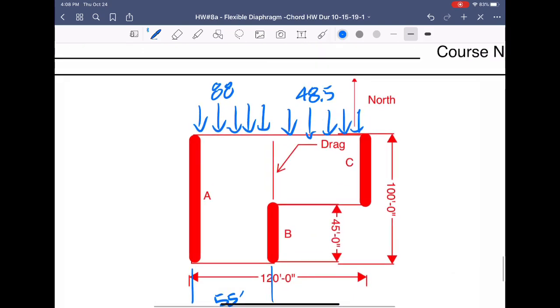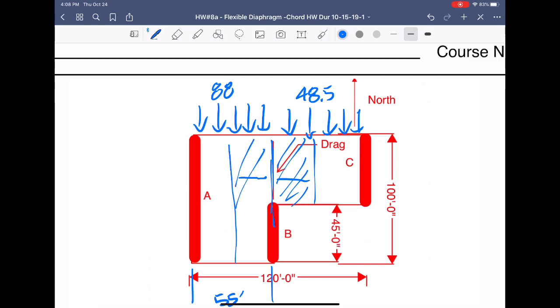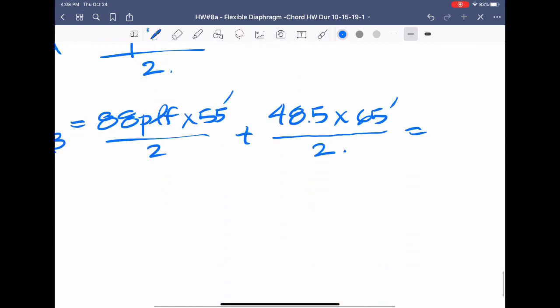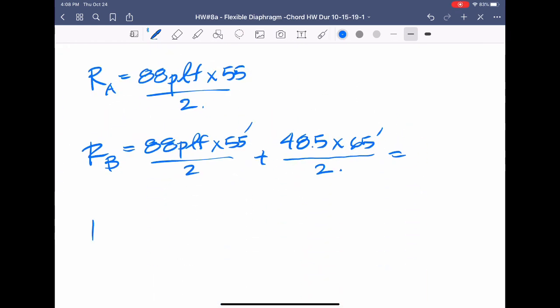Because this B line right here has half the tributary of this, half the tributary of this. That reaction and that reaction goes into B. Okay, and then reaction C is going to be just 48.5 times 65 feet over 2. I think if we do this, all of a sudden a lot of other questions will flow pretty nicely.